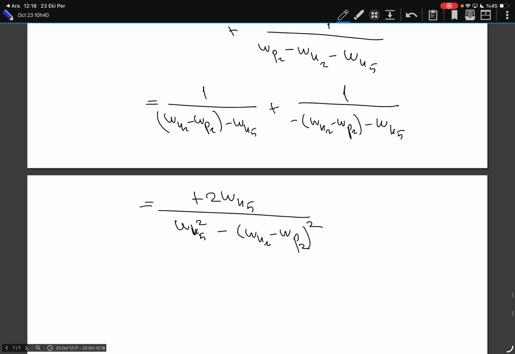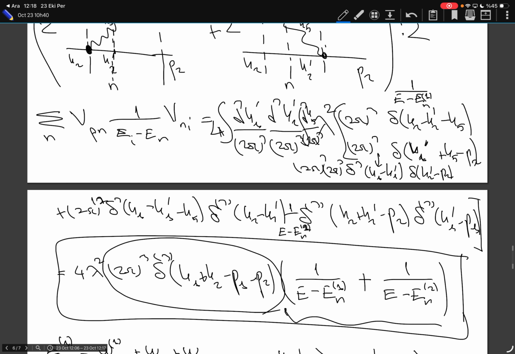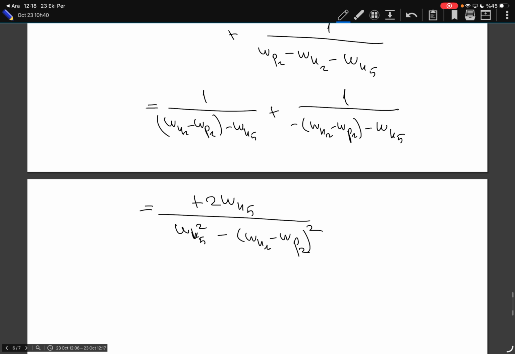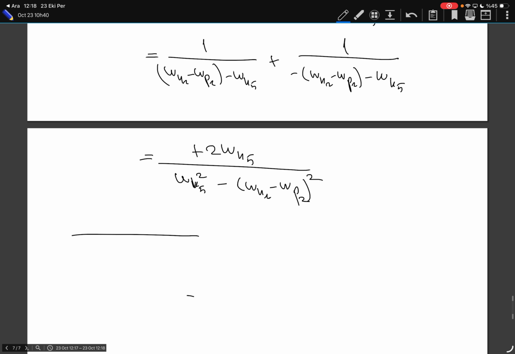Now, everything is fine up to this point. Well, let me go back to my diagrams. This is the diagram I'm looking for. This is omega K2.